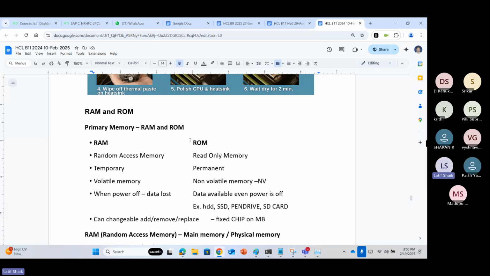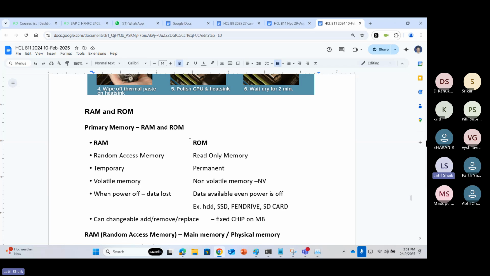If I close this browser, this data and instructions will be erased from your RAM. No need to shut down your PC. Once you close your application, documents, pictures, that related data in the RAM is automatically gone. It never stores any data permanently. It is only for processing purposes.